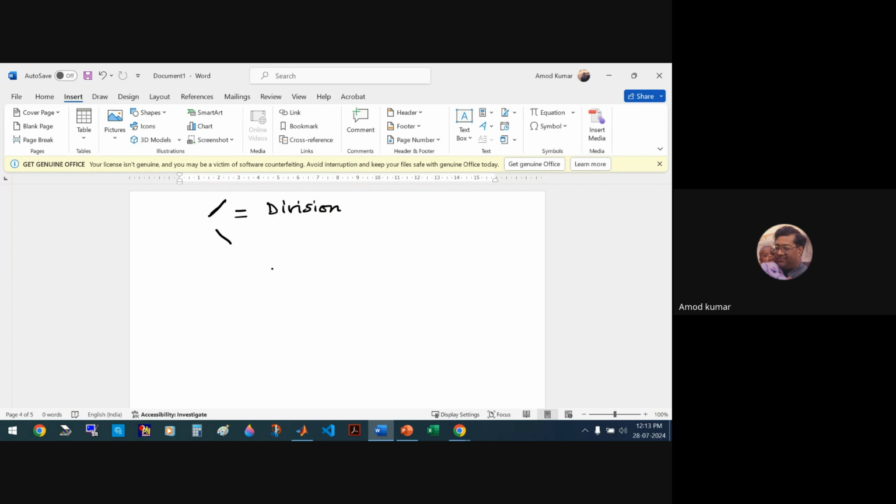When you write A, this slash, B, that means this is A upon B, the mathematical operation which is done. When you write A and right slash B, that means the computer will do B upon A.